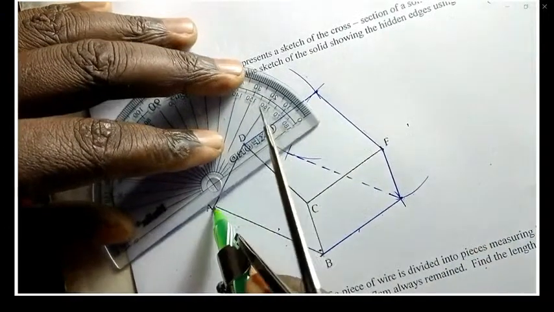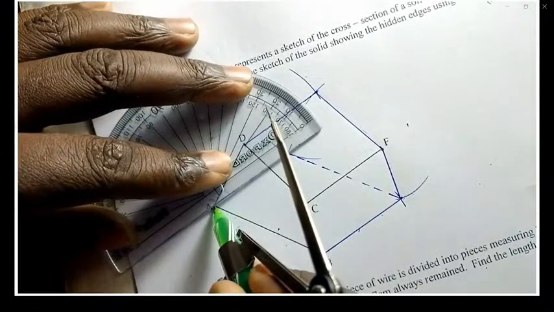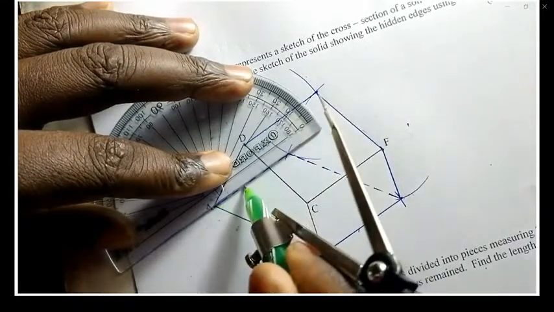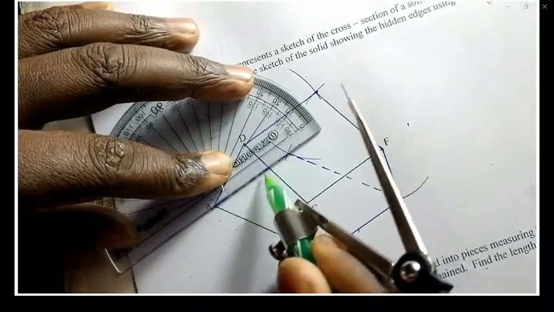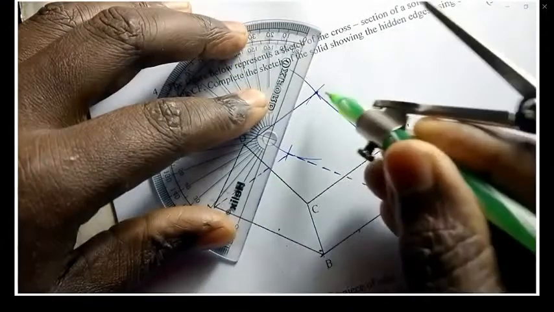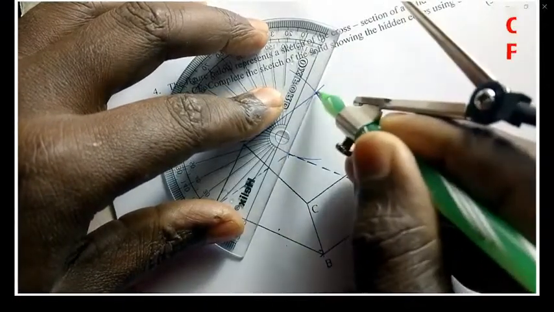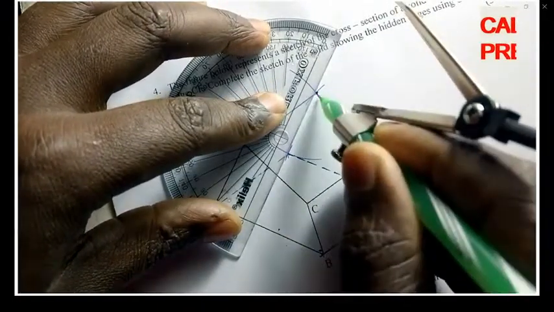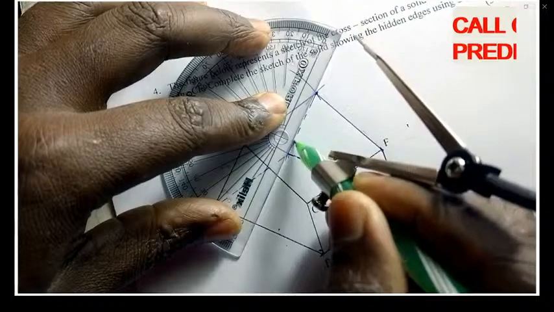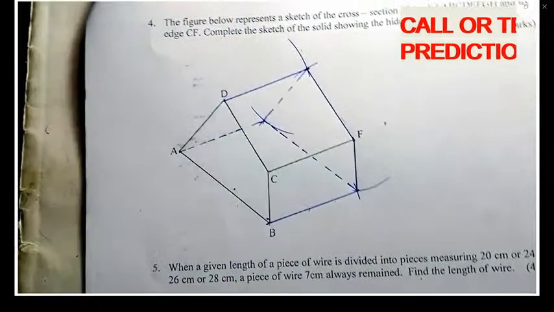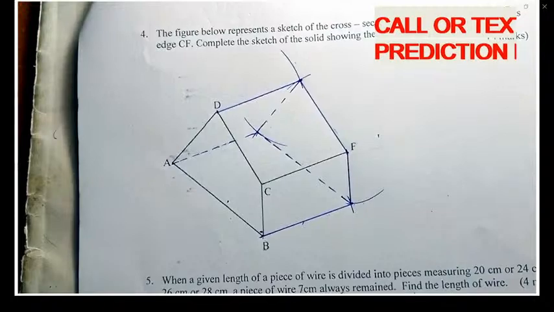Stand here and then use dotted line. And then from here to this point, use dotted line. Like this, like this, like this. Wow. Now you see, you have your figure perfect.